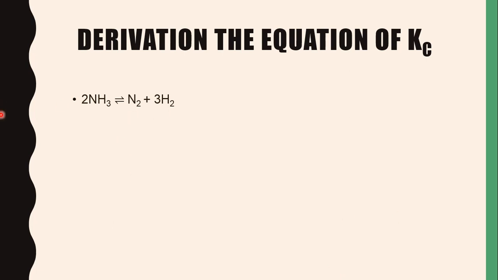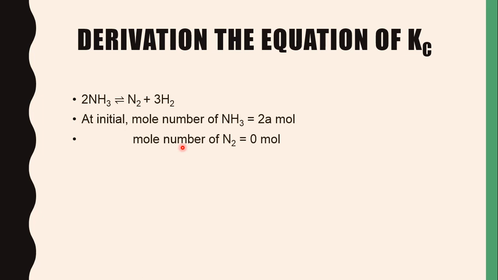Here the reactant is ammonia. 2 moles of ammonia are decomposed to produce 1 mole of nitrogen and 3 moles of hydrogen. Here also, at the initial stage, when the reaction has not started, suppose we have taken 2A moles of ammonia in the reaction chamber, and initially the mole numbers of nitrogen and hydrogen equal 0.